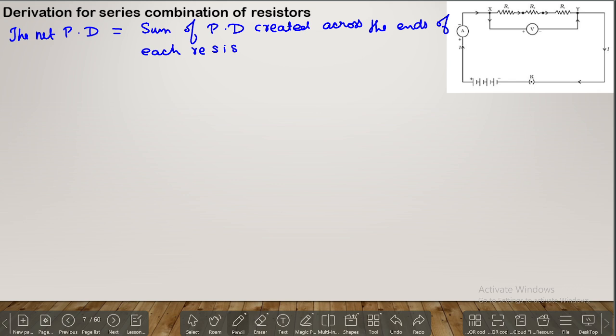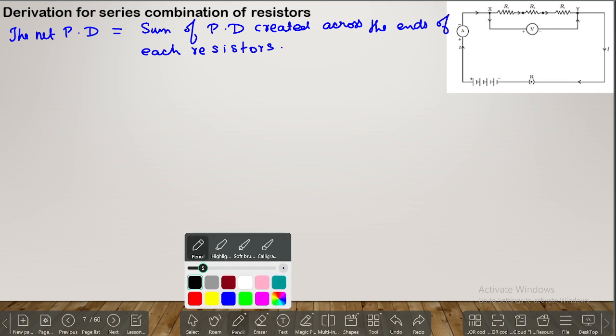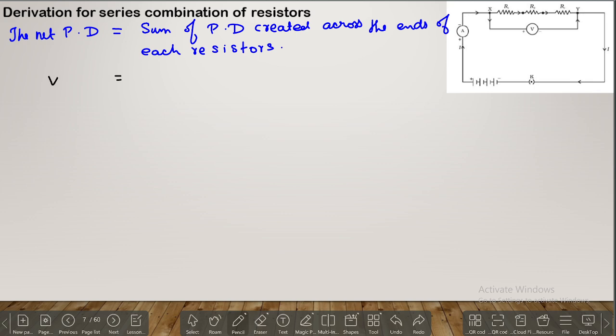Sum means addition. So we can write V is equal to V1 plus V2 plus V3.